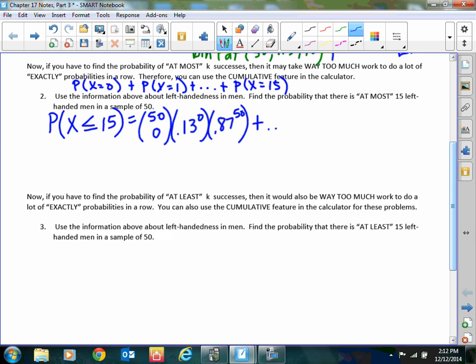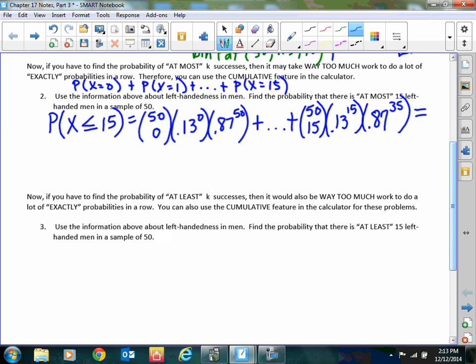Plus, dot, dot, dot, plus, and now you put the last one in the sequence. The last one of the sequence is going to be 50 choose how many? 15. Very good. So 50 choose 15, and we've got the 0.13 to the 15th power, the 0.87 to the, how many are going to be 0.87 if 15 are 0.13? 35. Good.